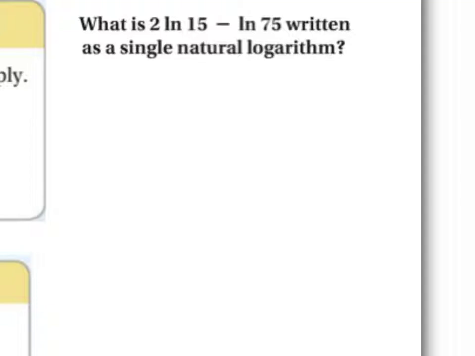I can't do it with the 6 and the 5 out in front. I've got to make those exponents first. So what do I do here? I make it 15 to the 2nd power. This 2 goes to the exponent. So I now have the natural log of 15 squared minus the natural log of 75.